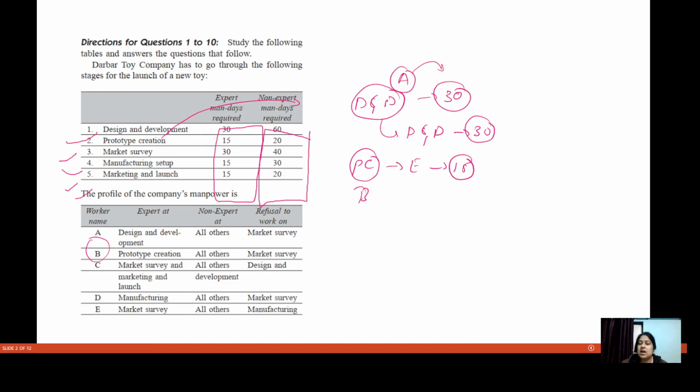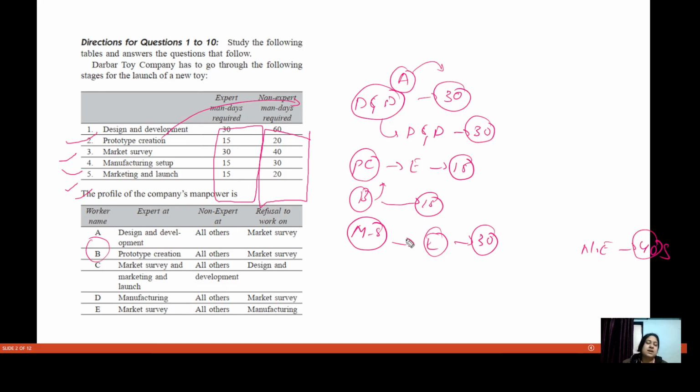Because B is expert in prototype creation, B is able to do prototype creation within 15 days. Similarly, there is the market survey work. An expert is able to do it in 30 days and a non-expert in 40 days.